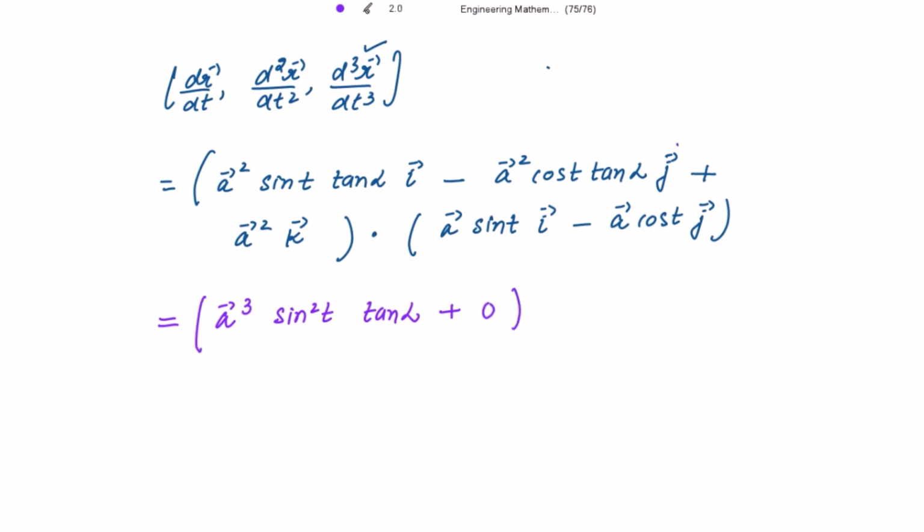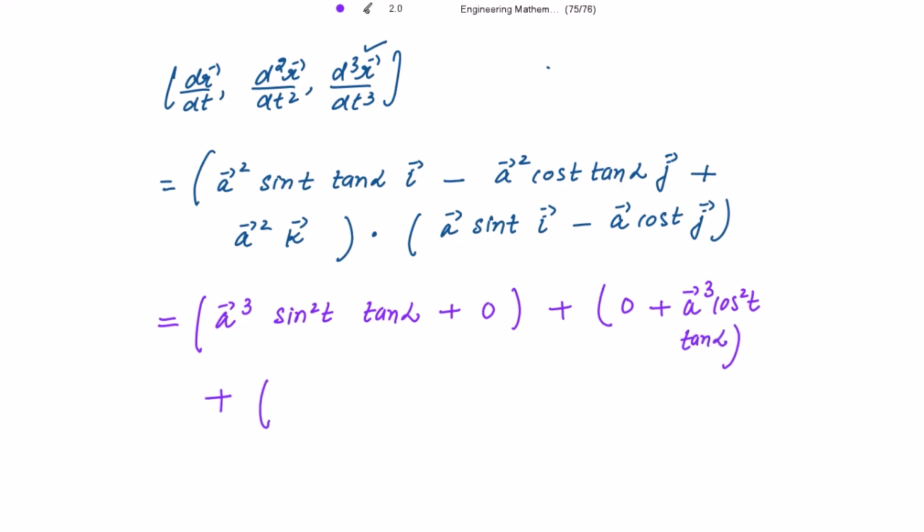Then taking the dot product of j vector with i vector, again this is 0. And taking the dot product of j vector with j vector, that is 1. And we need to multiply these two also. So this is plus a vector cube cos square t tan alpha.